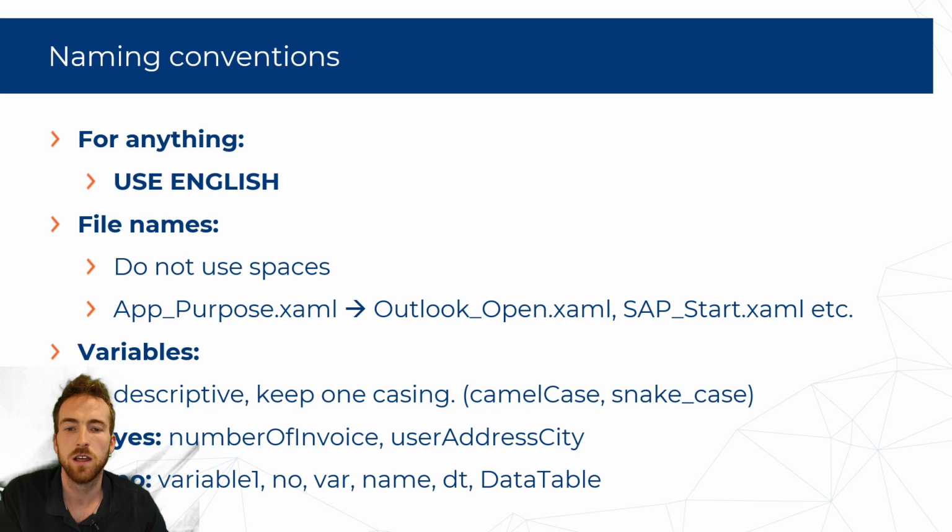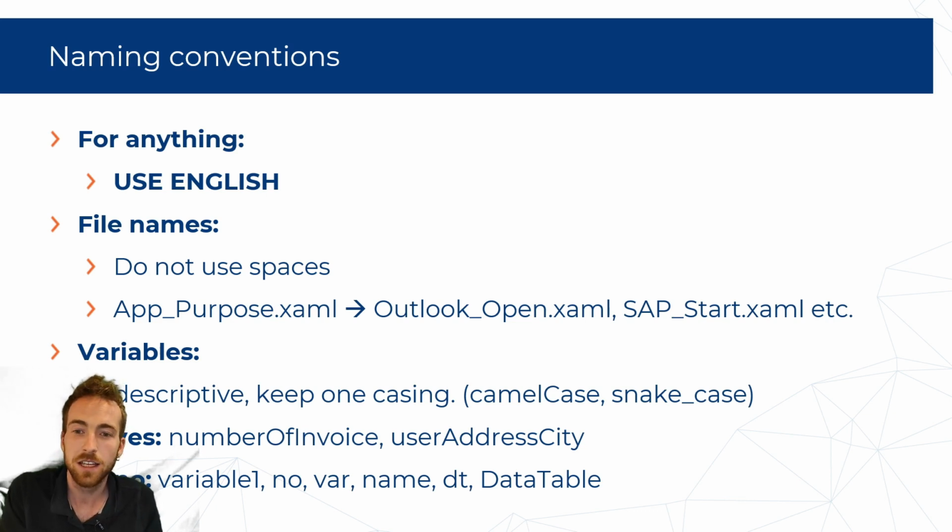Okay, so we don't like variables like variable1 or var, name, dt, or data table, right? Like calling a data table variable data table. No, please no. Let's call it what it is. If it's a table of clients, let's call it clients. Don't be afraid of calling things what they are.